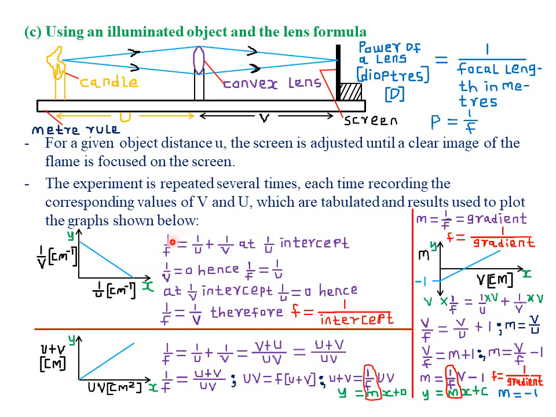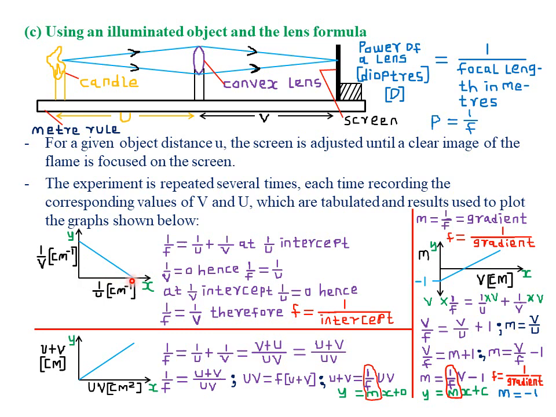So from the mirror formula, which stated that the reciprocal of the focal length is equal to 1 over u plus 1 over v. At the 1 over u intercept, so that is at this particular point, the point whereby our line cuts the 1 over u intercept, then 1 over v must be equal to 0. Same thing in mathematics, whereby along the x-axis, the value of y will always be equal to 0.